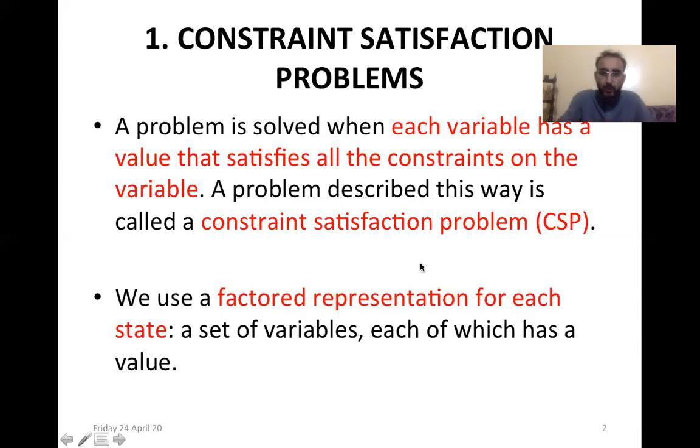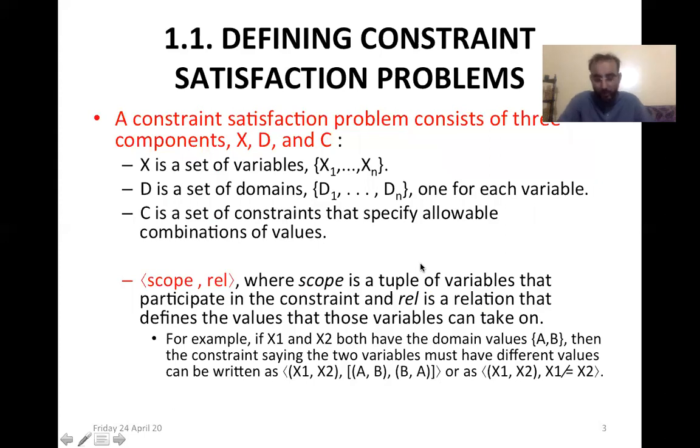So let's move on to a more formal definition of constraint satisfaction problems. In a constraint satisfaction problem, we have to divide the problem into three components. The first component is X, the second component is D, and the third component is C. Here you can see on the slides, as I am moving my cursor, X is a set of variables, and it can contain x1 to xn different variables.